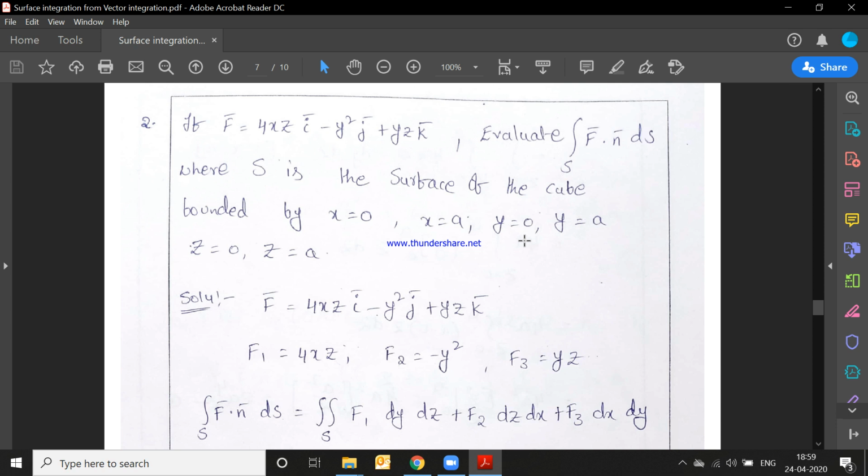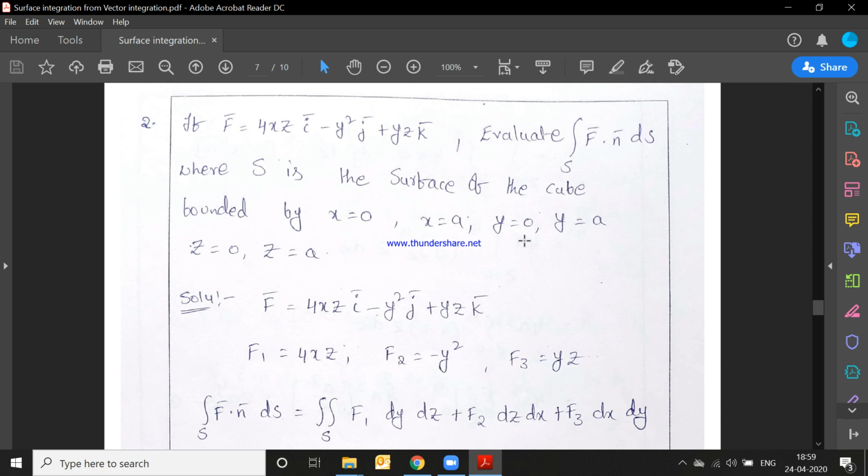If the surface is in the opposite direction of the x-axis, we can take minus i bar. Going to y, if it is on the positive side, that is j bar, and if the surface is on the negative side, then the normal is minus j bar. Next, for the surface along z, the normal parallel to z is k bar. If the surface is on the opposite side of z, the normal is drawn on the opposite side and we take minus k bar.